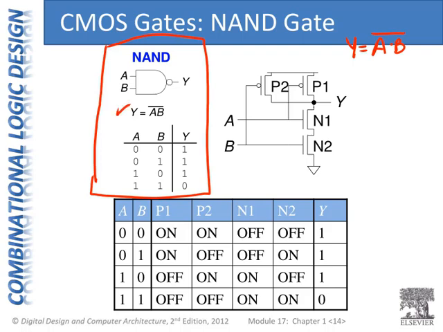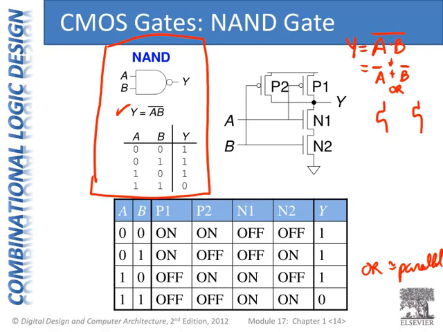And we can use De Morgan's to turn that AND into an OR, take the terms and invert them. So we get Y equals A bar or B bar. So we can build our pull-up network from that. This OR relationship: remember, OR means parallel.